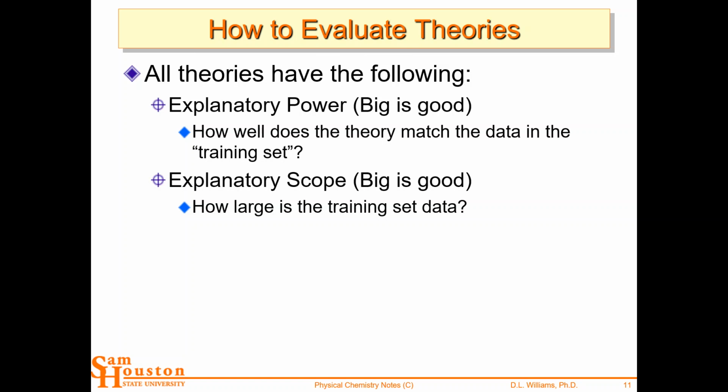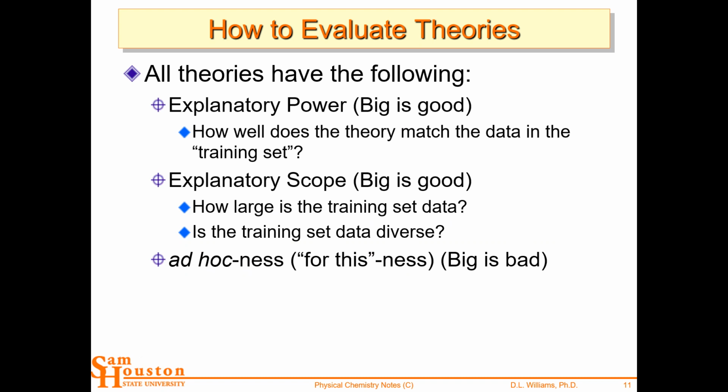So how large is the data set? And then how diverse is it? Is it just X-ray data, or is it also infrared data or rotational data? So how diverse, that would be this explanatory scope. So what's the scope that this theory covers? And how big is the data set in that huge scope? And then how well it matches is the power of a theory.